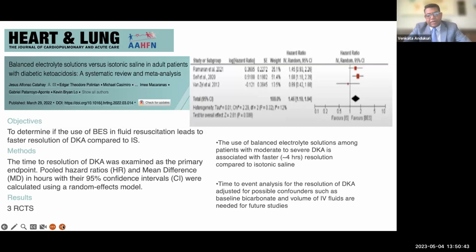So 4 hours is significant time. Sometimes our patients come out of the ICU within a day anyway, so that's an advantage, and that's 4 hours sooner that you can possibly discharge the patient. So it's important to note this. There are in fact a couple more studies coming pretty soon, which are bigger randomized controlled trials. So more to come on this one, but just keep it in mind.